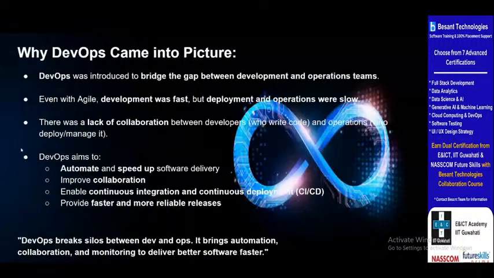As I said, there was no collaboration between the developers and the operation team, right? Let's say, for example, the developer will give some file for deployments and all. He says everything is working fine on his system, but the operation team says nothing is working. He says, no, you have given wrong code or there is some issue from your end. You are blaming me, I will not do it.